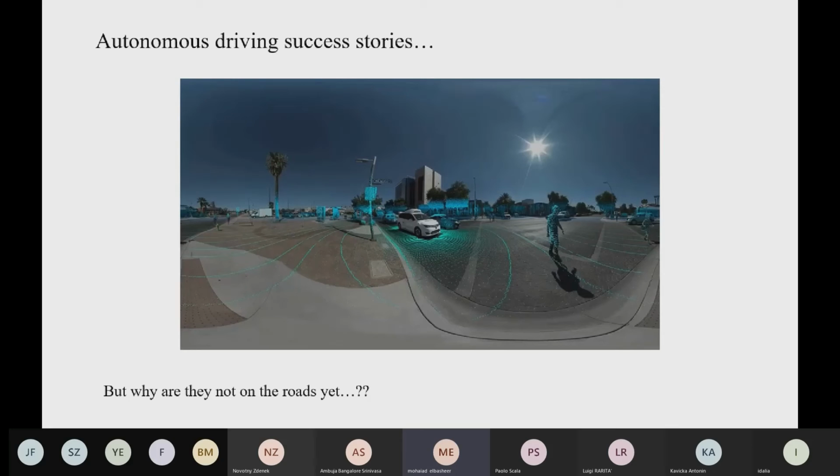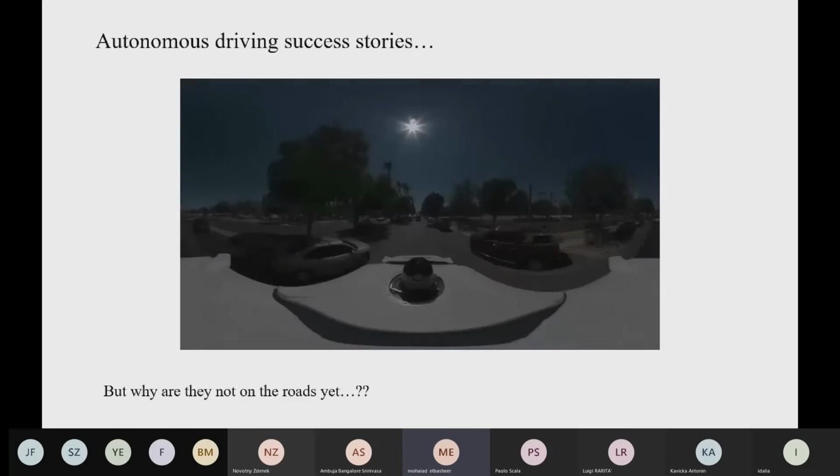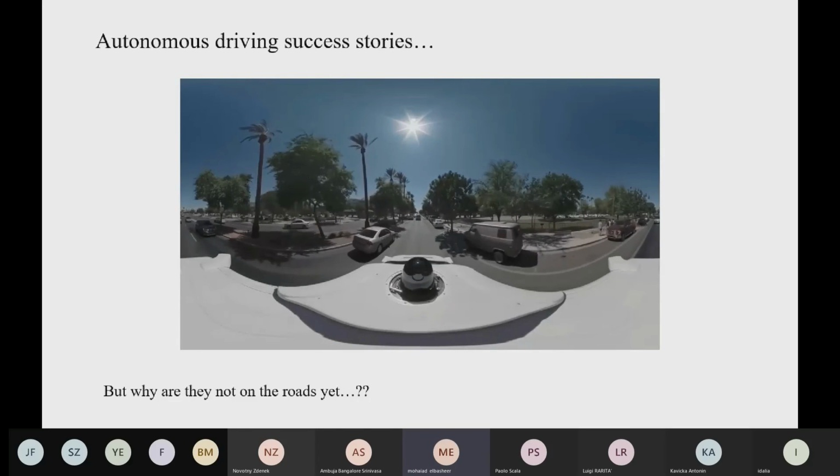But why are they not on roads yet? Often, what these videos don't show are the challenges faced in the technology. According to one of the recent surveys on Tesla, one of the main challenges for their fully autonomous cars to be on the roads are sensors and their inputs.